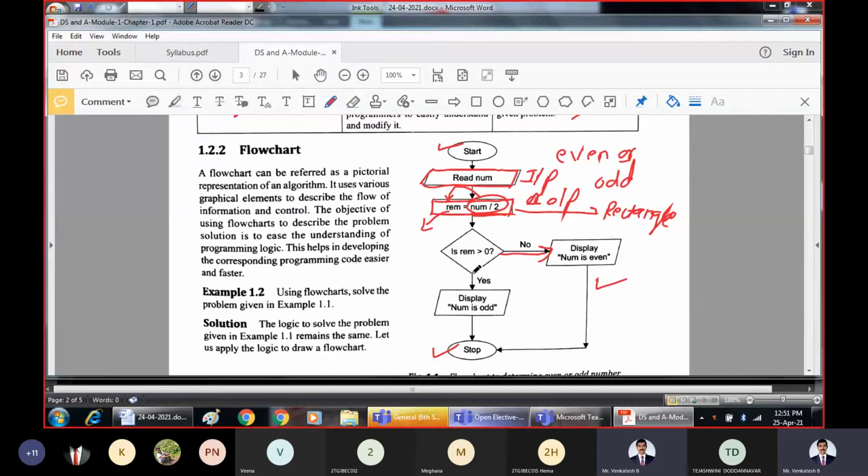In this case, only two possibilities, either yes or no. Here they have not compared exactly with 0; if it is not equal to 0, it means it is greater than 0, it is understood. If it is greater than 0, then the number is odd. If it is not greater than 0, then the number is even.